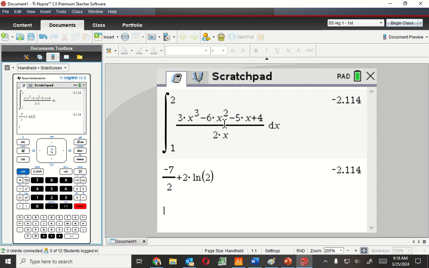So the calculator gave me the approximate answer, and I plugged in my answer and let it approximate also. And from there I'm like, okay, got it right. So that's a good way to check your answer all the time.